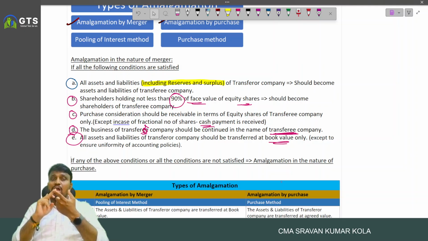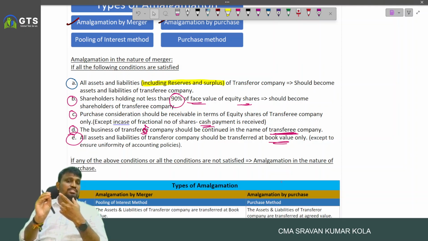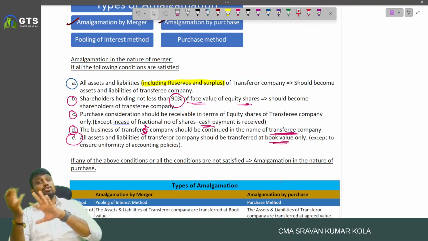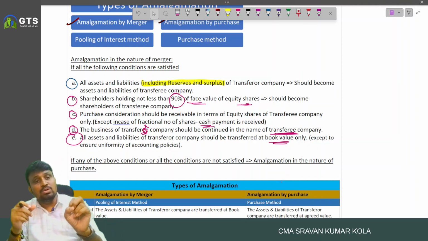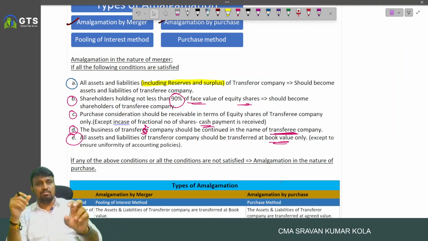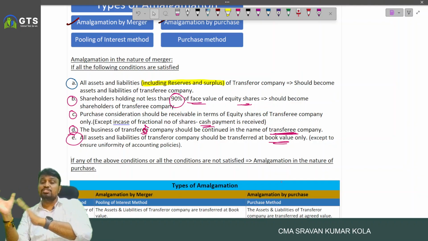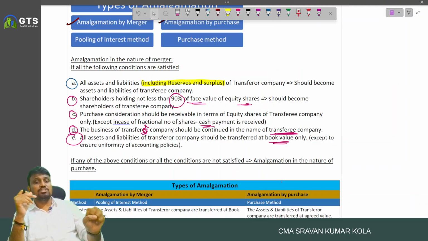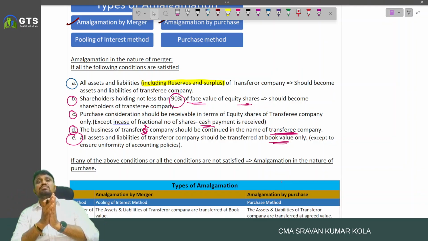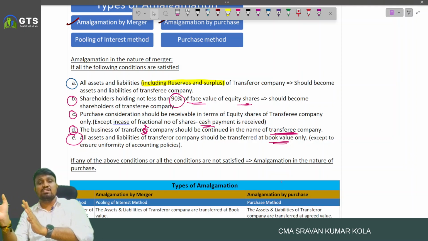Just repeat it. All assets and liabilities, including reserves and surplus of transferor company, should become assets and liabilities of transferee company. Second, shareholders of transferor company holding not less than 90% of the face value of equity shares should become shareholders of transferee company. Third, purchase consideration should be receivable in terms of equity shares of transferee company only.